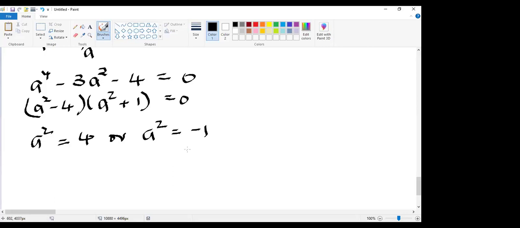Then I took the roots on both sides, so a equals plus or minus 2, and also a equals the root of -1, which is plus or minus i.